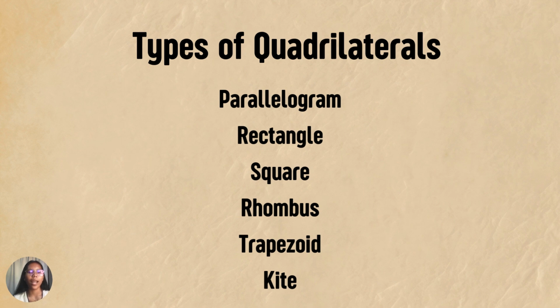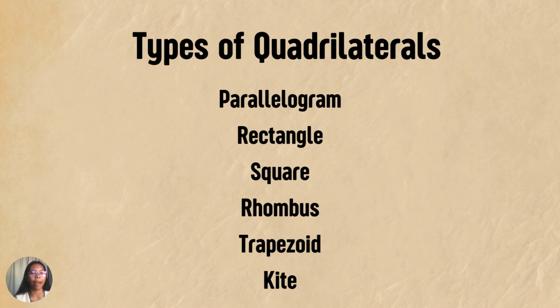Now, let's move on to the types of quadrilaterals. Here, this is the parallelogram, the rectangle, the square, rhombus, trapezoid, and the kite. But let me ask you a question first. Have you ever looked at the tiles on the floor, the windows of your house, or the screen on your mobile phone?